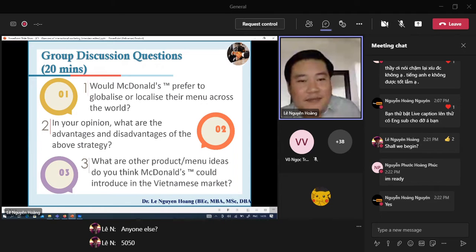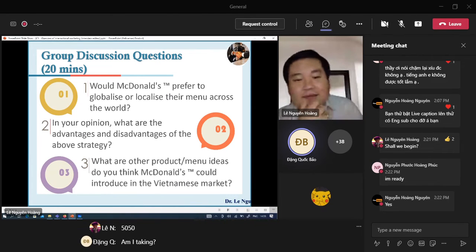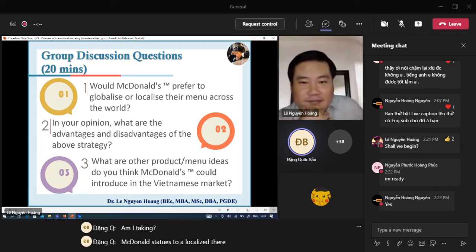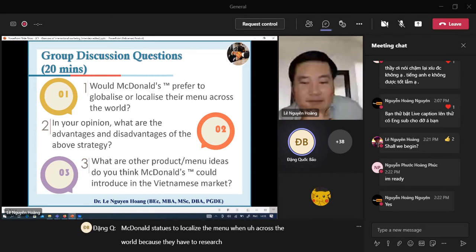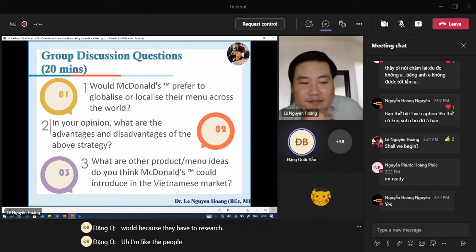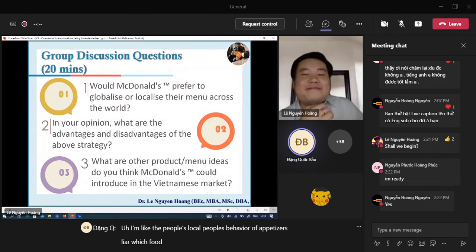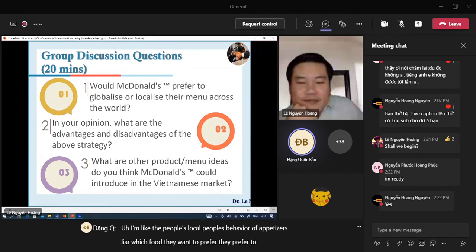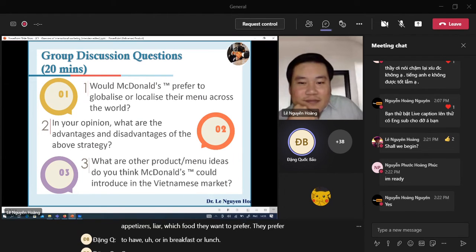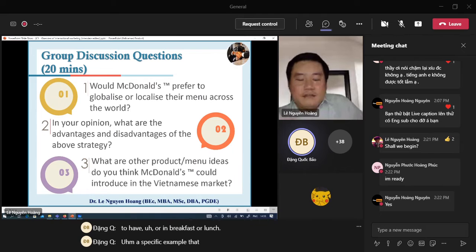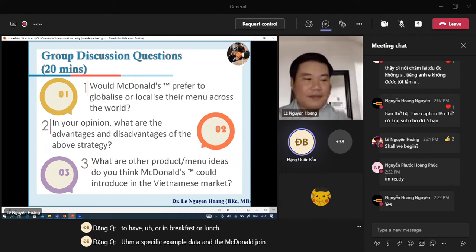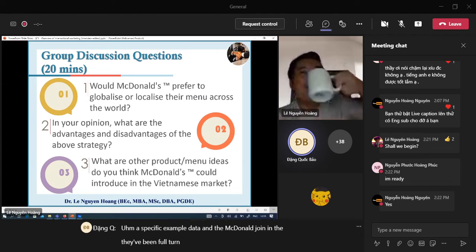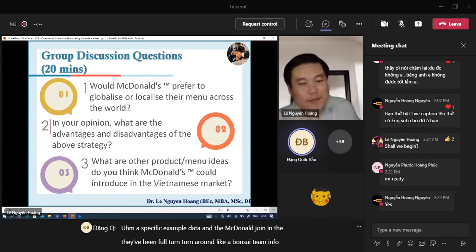50-50. I think McDonald's chooses to localize their menu across the world because they have to research local people's behavior and appetite, like which food they prefer to have for breakfast or lunch. A specific example is the McDonald's at the Điện Biên Phủ roundabout.